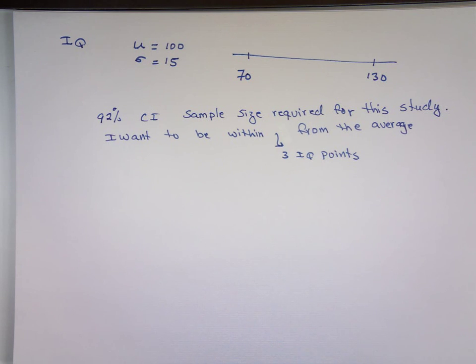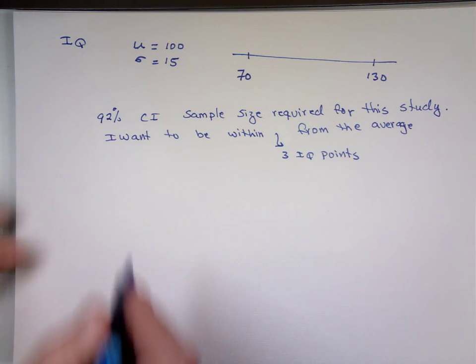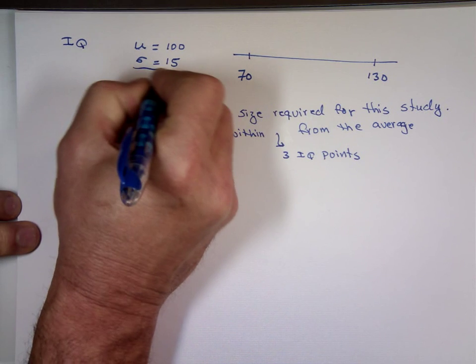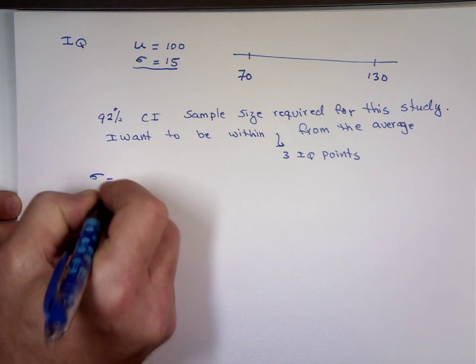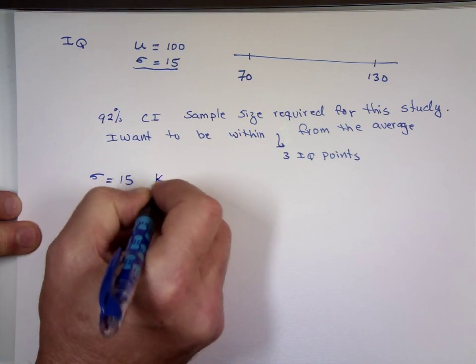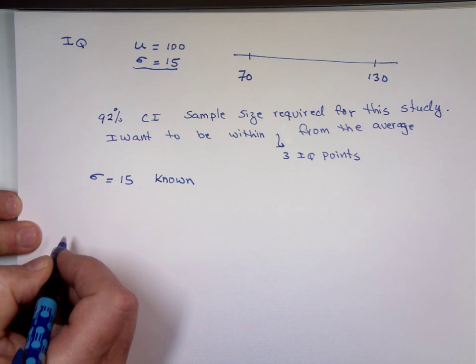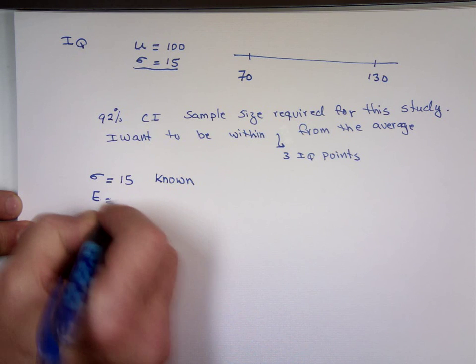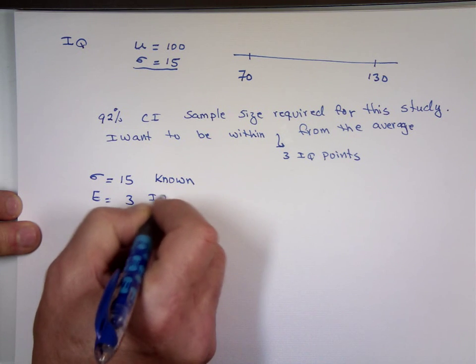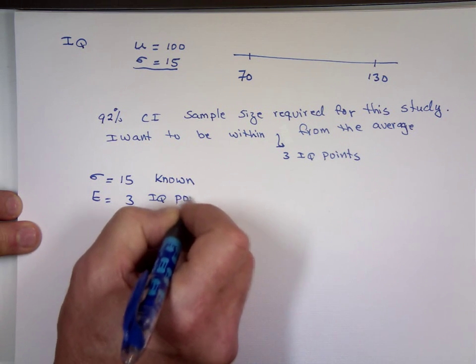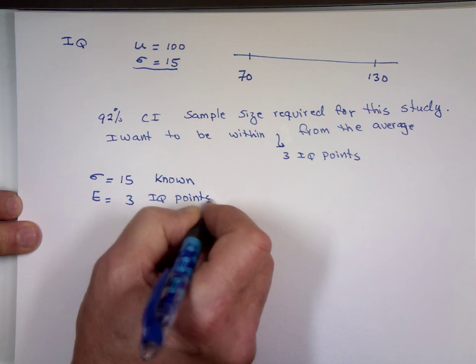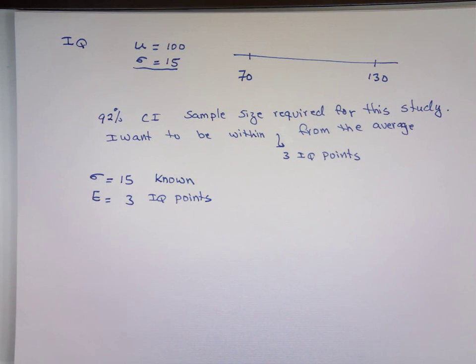So here's what we know. Sigma is known. I gave you sigma. Error is known. 3 IQ points. As I said, I don't know what it's called, so we'll just call it IQ points. They could have a fancy name for it.